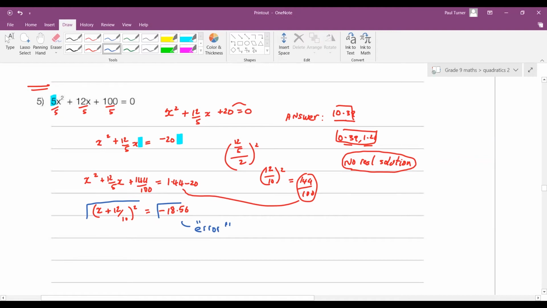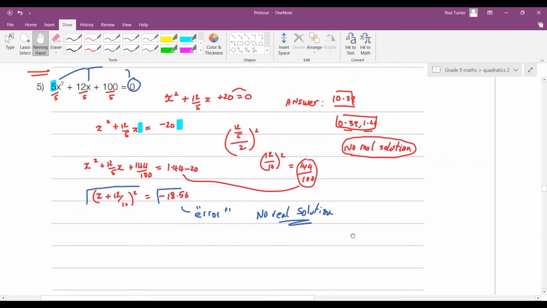It's not possible. So you cannot put any number in here and get 0 for the answer, any real number. Okay, so that's basically what it means. So no real solution. Okay, for that one. So if you're copying, copy that quickly.